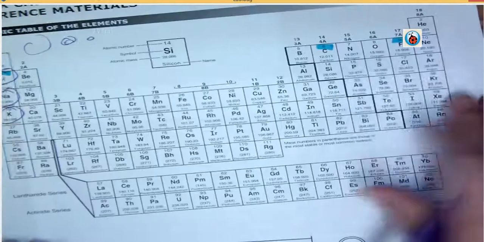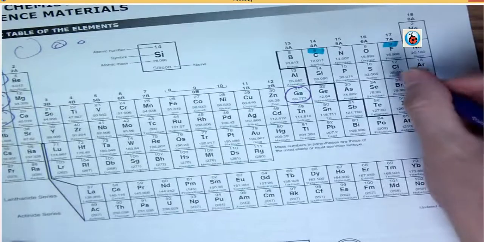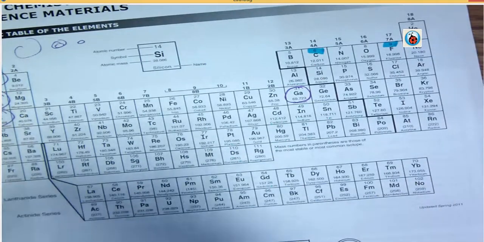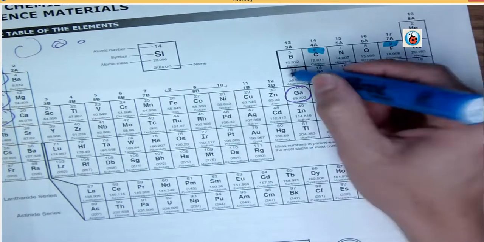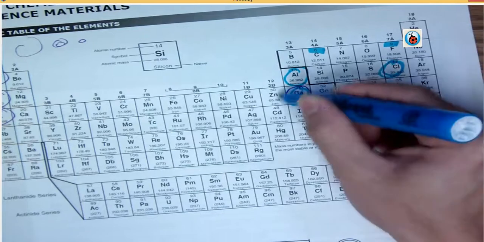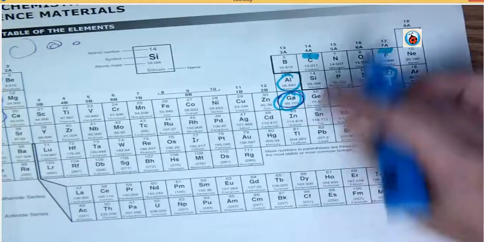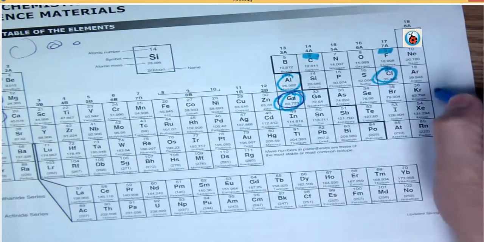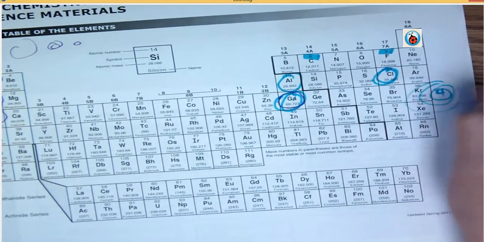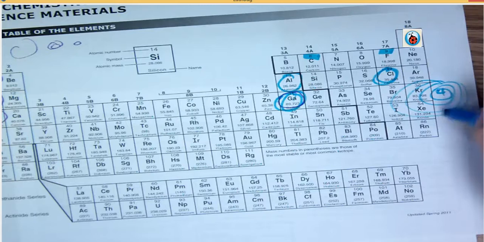Ga, Cl, and Al. Okay. So we look at the number of rings first. Ga here is on level 4. It's got 4 rings. Can't deny that. So Ga is going to be the biggest.